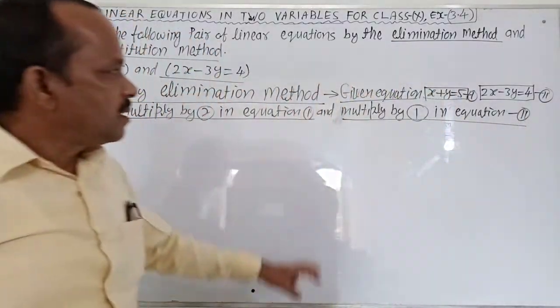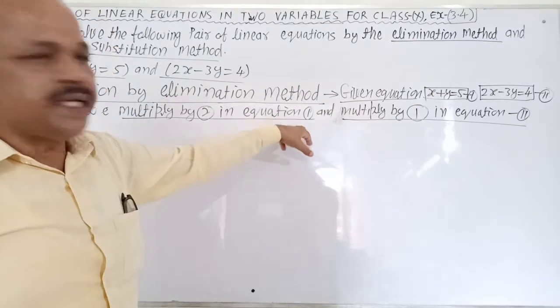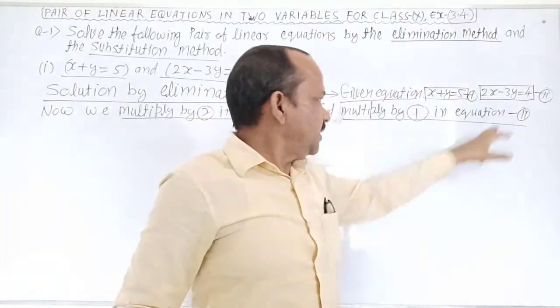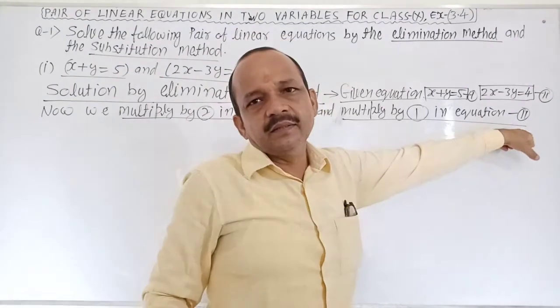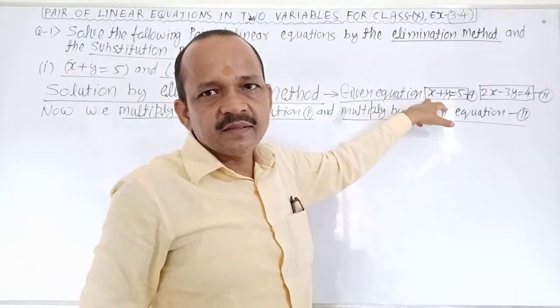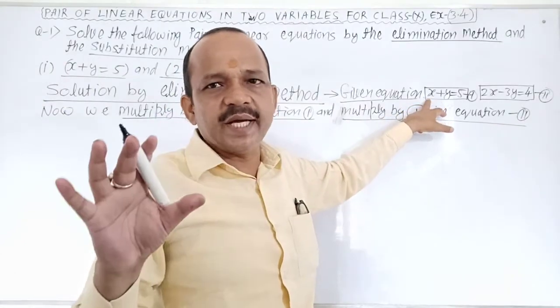Multiply by 2 in equation first, here is 2. Multiply by 1 in equation second, here 1 x. Clear? No confusion about it?